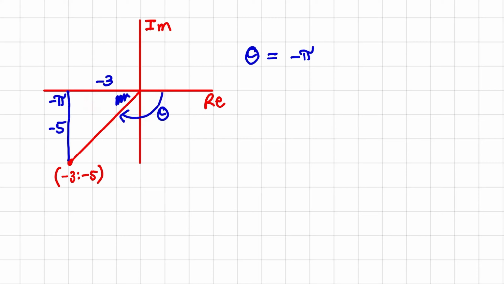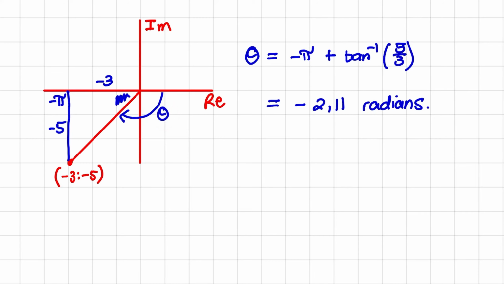So the reference angle that we will add is arctan, and then we'll use 3 as the adjacent value and negative 5 as the opposite value. So that will be 5 over 3. And remember, we use absolute values. And when I simplify that, I would have the value of the argument of this complex number, which is negative 2.11 radians. So remember to set your calculator to radians when we work with complex numbers.